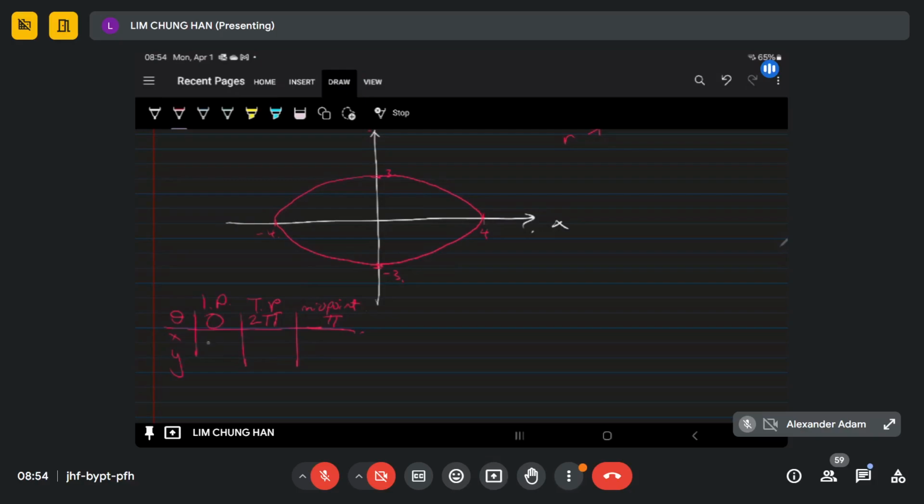Same thing. This one you work out for me. What is X and Y? When IP is 0, what is X and Y? Just tell me. Quick, you do it, and you let me know.